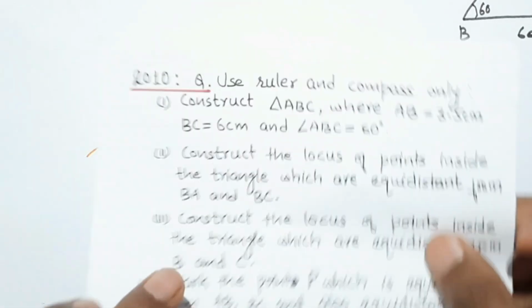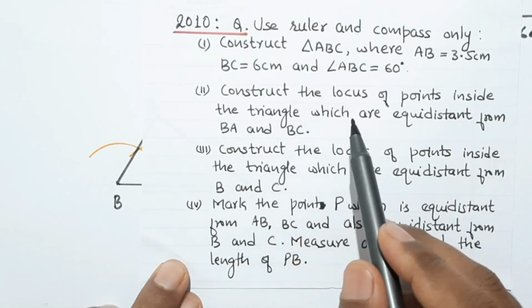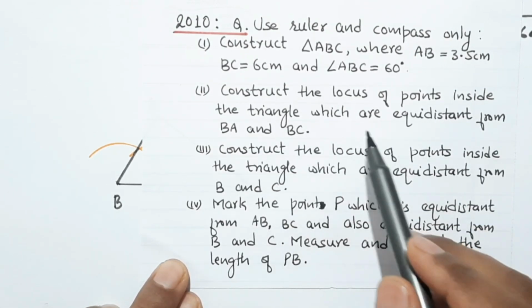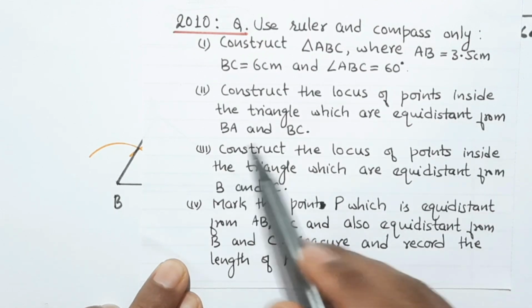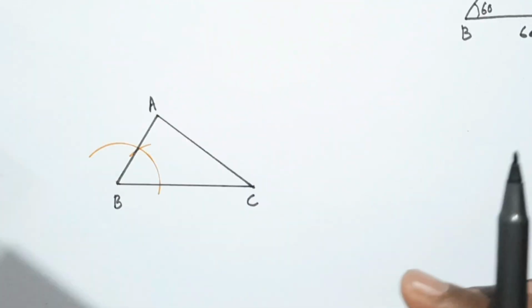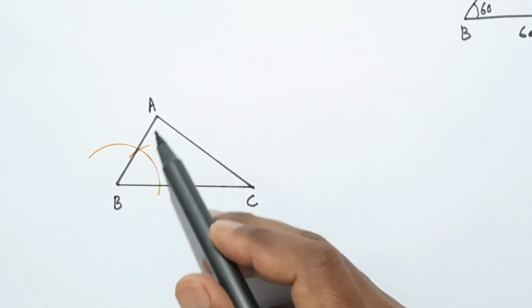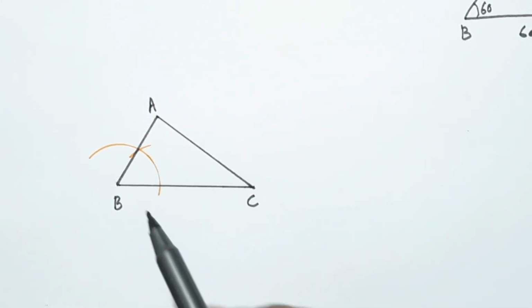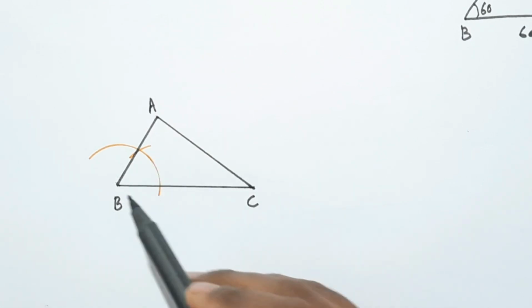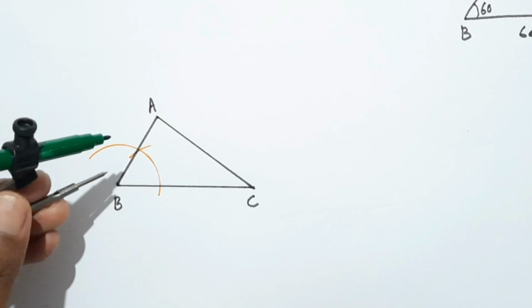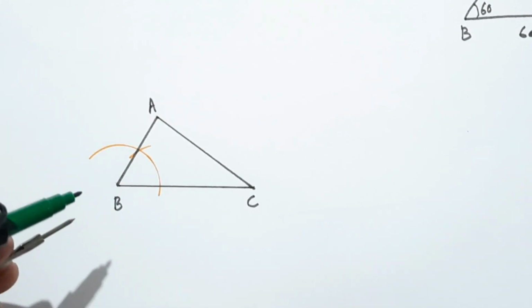Now second part is construct the locus of point inside the triangle which are equidistant from BA and BC. That means we have to construct an angle bisector of angle ABC. First this arc is already there, cutting both the arms of angle ABC.